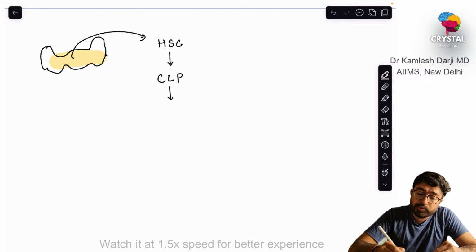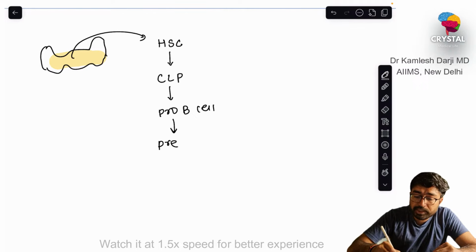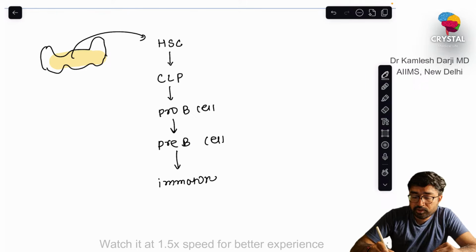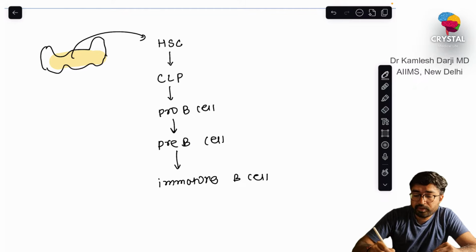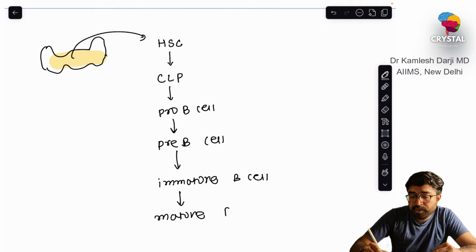This common lymphocyte progenitor will produce the pro B cell, then the pre B cell. This will produce your immature B cell, then the mature B cell, which is a naive B cell.